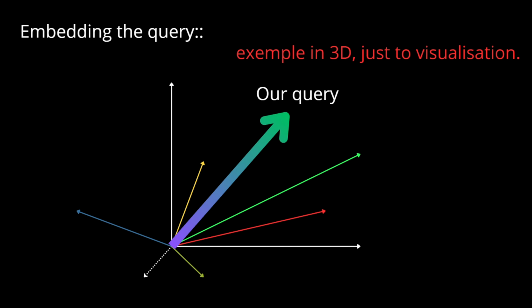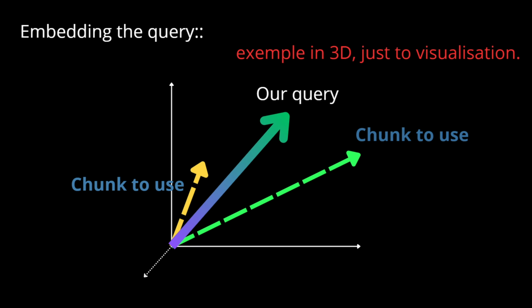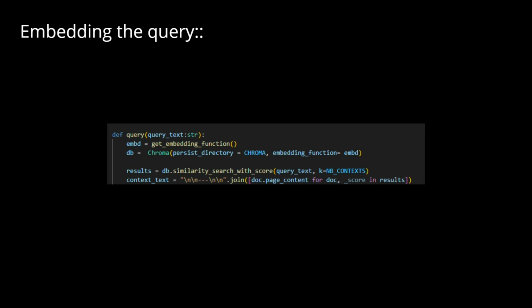So we will take the two vectors which are very close to the query, and we have to use the chunks associated with those vectors because they are close to our query, so they are related to the same topic.